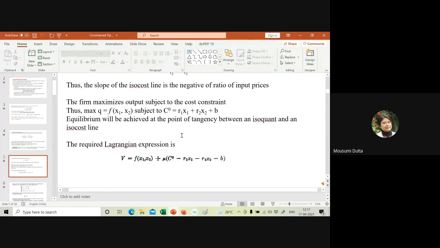And if you like to write the constraint as r1, x1 plus r2, x2 plus b minus c naught format, in that case, you need to write minus mu of r1, x1 plus r2, x2 plus b minus c naught. That will be the format.